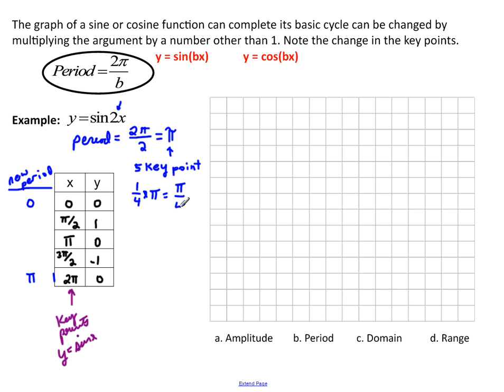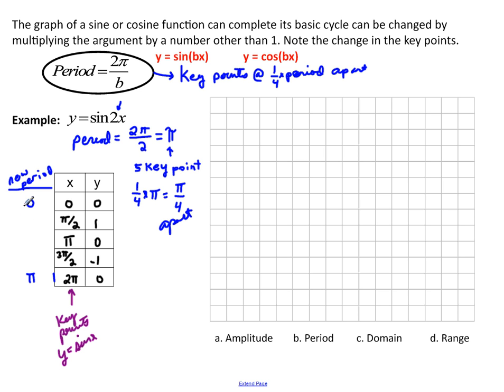What we do, if we want to get the key points for our new function, is take 1/4 times the period apart from one another. So in our case, our key points are 1/4 of the period apart, pi over 4 apart from each other.